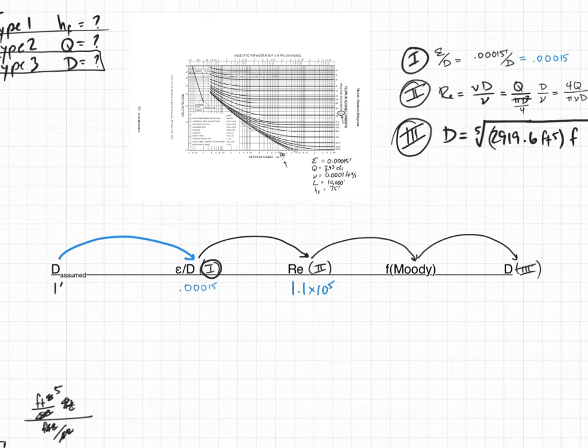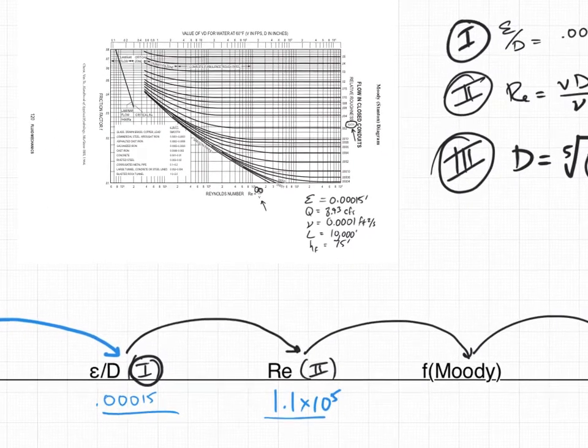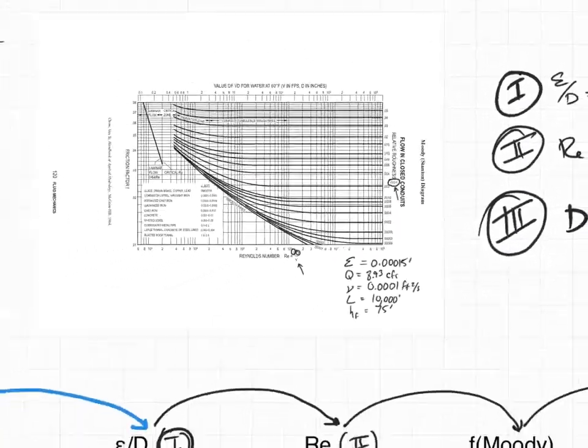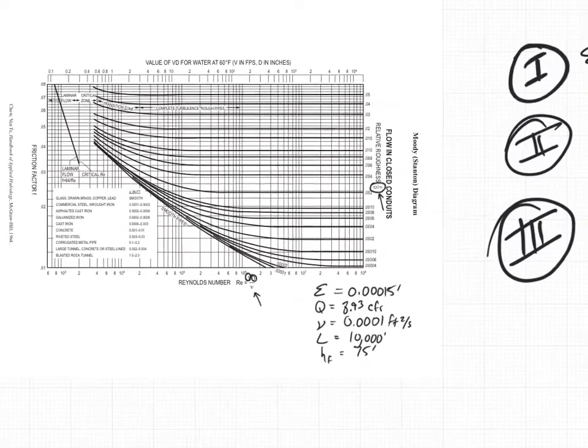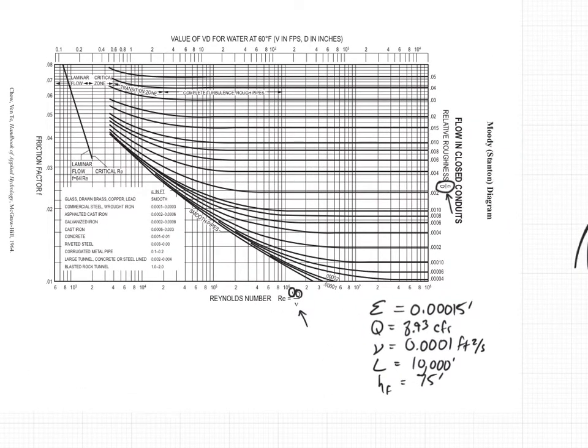Now I need to go to the Moody diagram, because I now have the two things I need for it. So we're going to zoom in here, 0.00015. Always be careful with your number of zeros here. You will see me make this mistake. This one kind of sucks, right? 0.001, 0.002, so it's going to be somewhere in here.